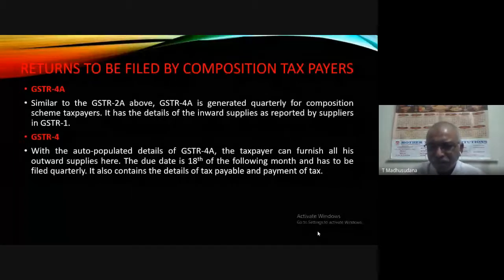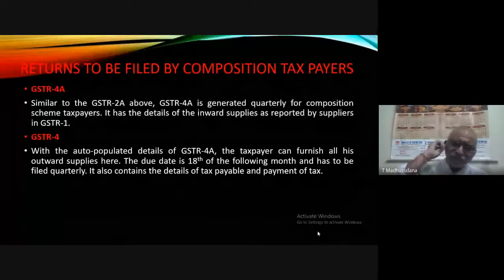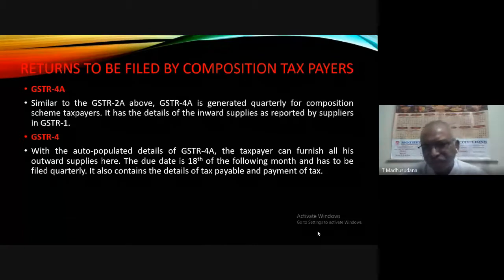Since it is a quarterly return, for the first quarter, that means April, May, June, the last date would be July 18th. For the second quarter, it is October 18th. For the third quarter, January 18th.